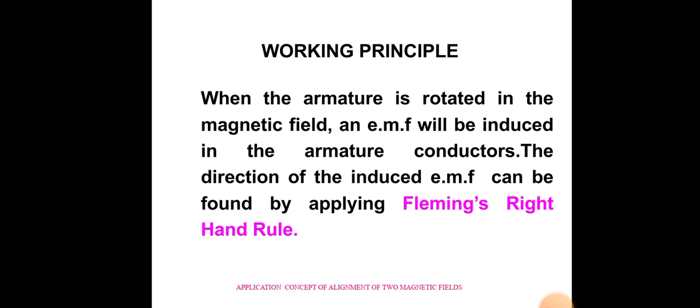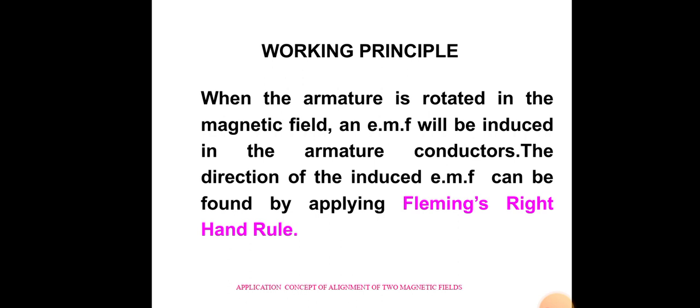So, when the armature is rotating in the magnetic field, an EMF will be induced in the armature conductors. The direction of induced EMF can be found by Fleming's right hand rule.